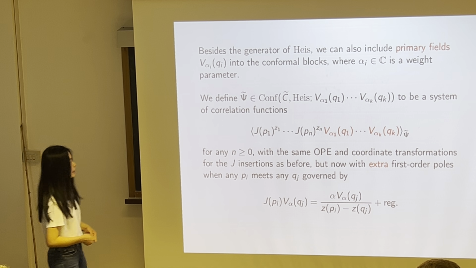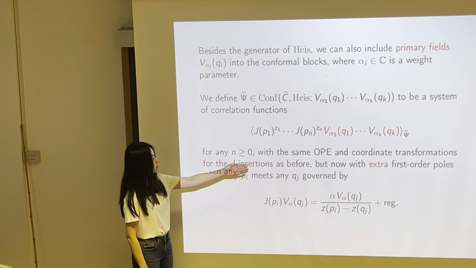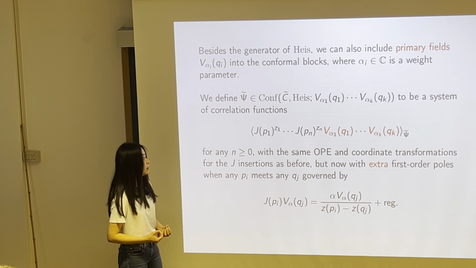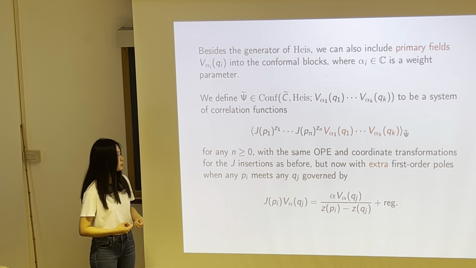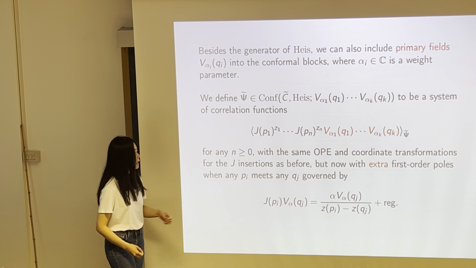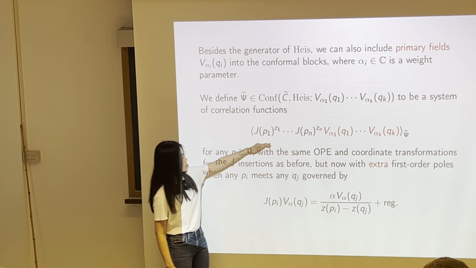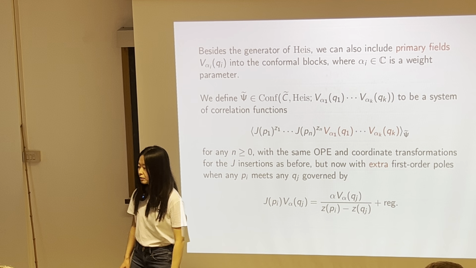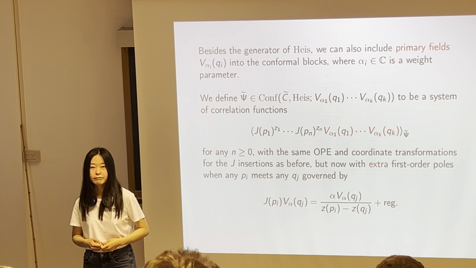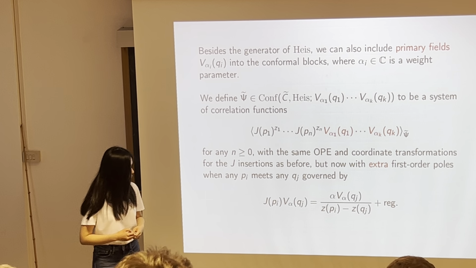So if now we want to define a conformal block psi tilde in this space of Heisenberg conformal blocks with extra insertions from V_alpha1 to V_alphak, we define a conformal block to be a system of correlation functions where we still have an arbitrary number n of insertions of the generator J, but for each correlator, there will also be V_alpha1 to V_alphak inserted.